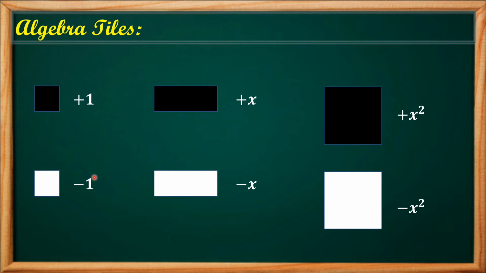Kapag white, negative 1. The rectangle, kapag black, is positive x, then kapag white is negative x. Kapag malaking square, you have here the x squared, black positive, then white is negative. And that would be our algebra tiles.